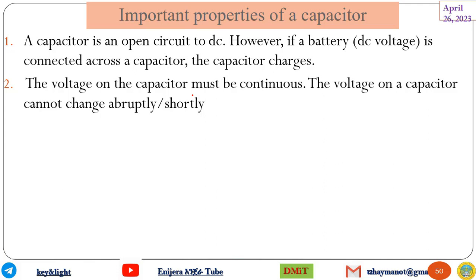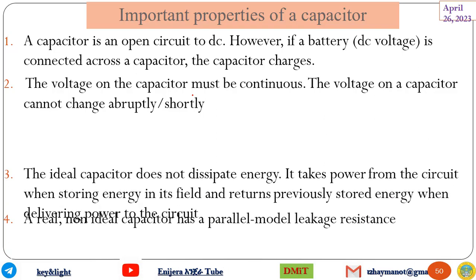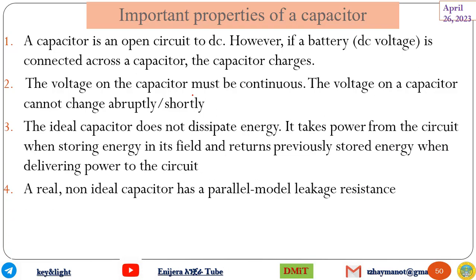The voltage in the capacitor must be continuous, so the voltage on a capacitor cannot change abruptly. The next important property is the ideal capacitor does not dissipate energy. Ideal, not practical. The real or non-ideal capacitor has a parallel model of leakage resistance.